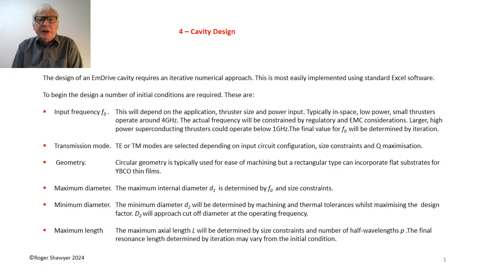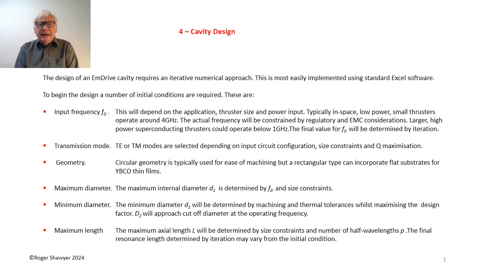The so-called first generation thrusters, we'll tend to extend the axial length within the size constraints to maximize the volume of the thruster itself, to maximize the Q and hence the specific thrust.